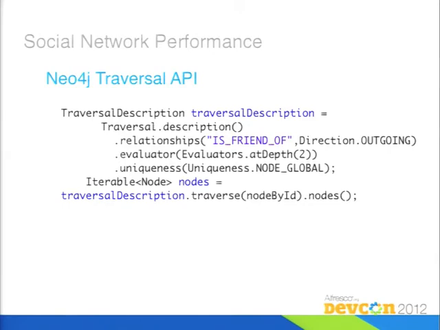You see that we're going to traverse the type of relationship is friend of, and the direction is outgoing. You can set the depth with evaluators at depth number 2, 3, 4, and 5. And you see that we're going to use a uniqueness of NODE_GLOBAL. And that basically means I'm not going to visit the same node more than once for this particular graph.